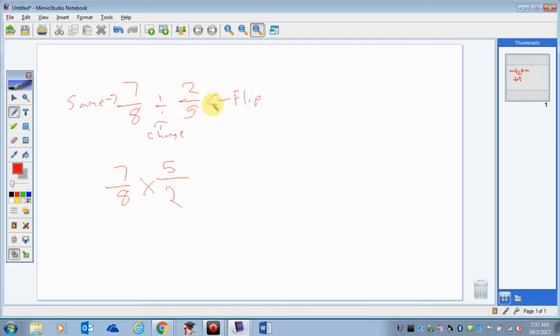You just take the 5 off the bottom, put it on top, take the 2 off the top, put it on bottom. There is no cross reduction that can be done here, so I end up with 35/16. This is an improper fraction, so I have to change it to a mixed number. 16 will go into 35 twice, leaving over 3/16.